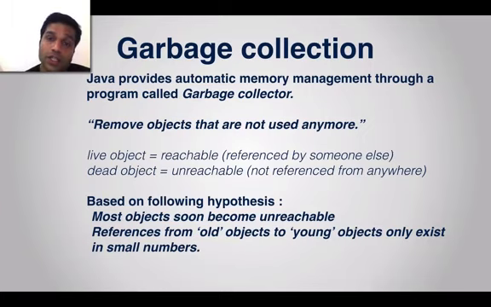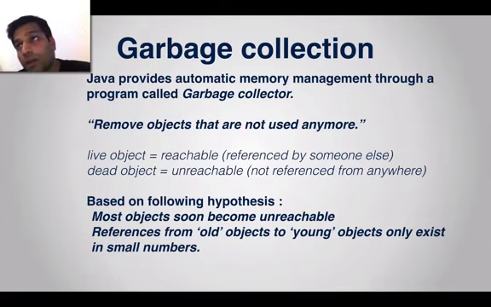Whenever the cache was created, you would have already populated the things you wanted to cache, and you will just carry on. You probably won't put anything new in the cache in a later period of the application. That's just an example. So those are the two hypotheses that drive the whole garbage collection implementation.